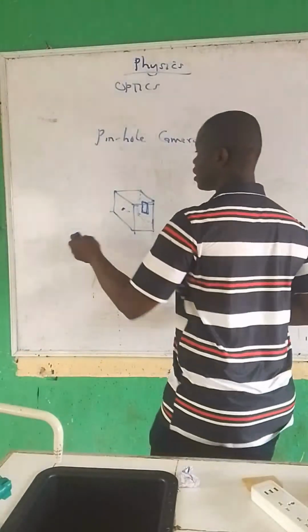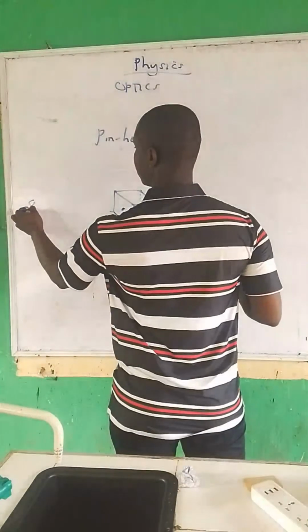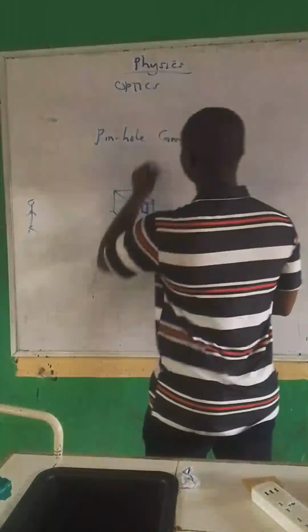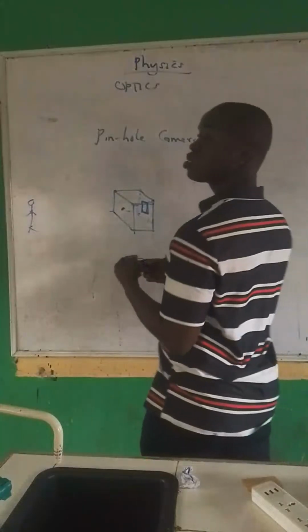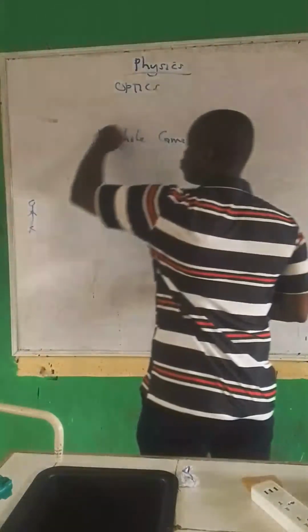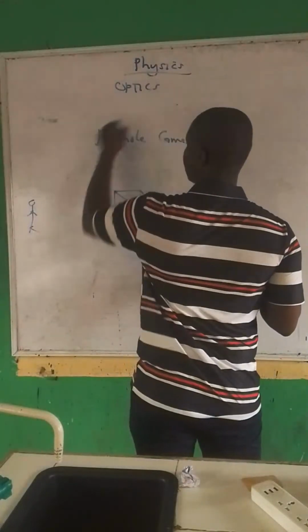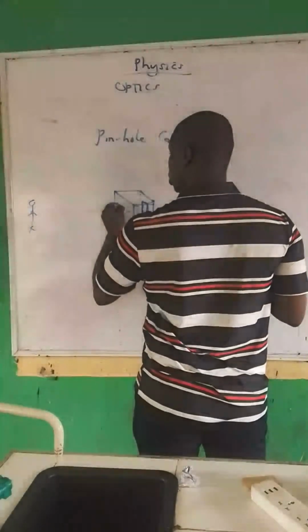Any object that is appearing here, the light rays from the sun or any light source will move towards the object, strike the object, and then reflect into the pinhole.